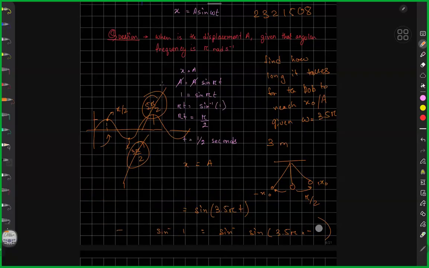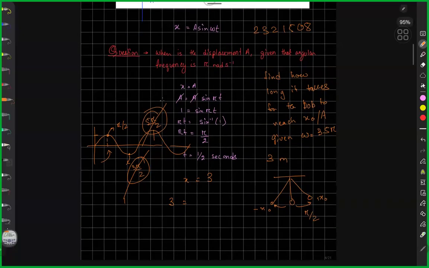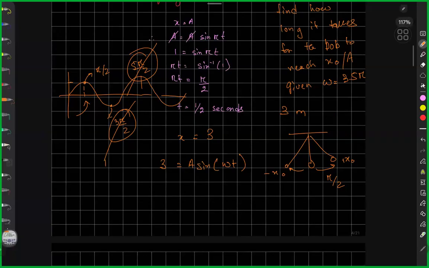Scrap all of this. Your answer now is, well, my x should be 3 meters. So I equate 3 equals A sine of whatever the omega is, it doesn't matter. So now you have to use this equation.